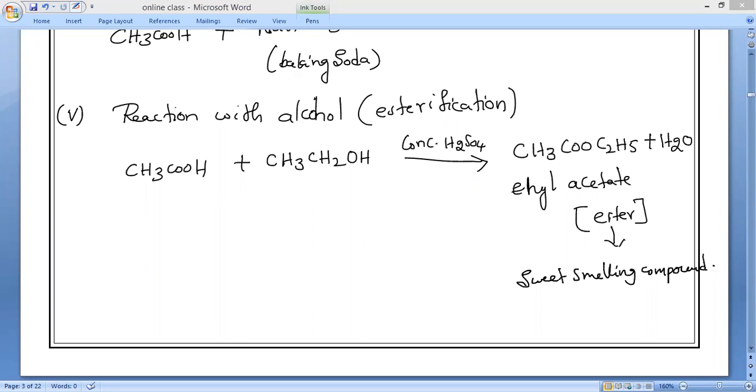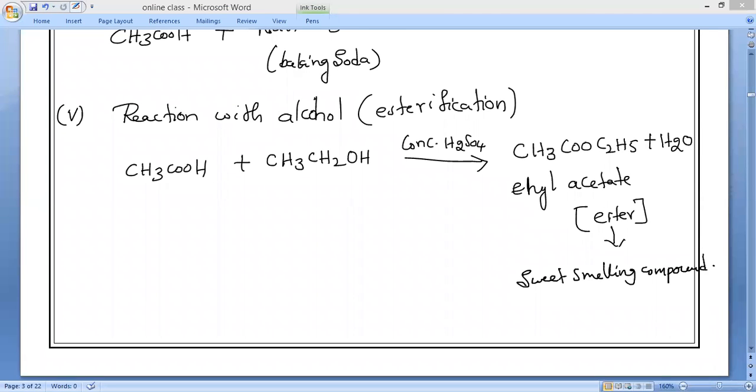Now, if this ester is reacting with sodium hydroxide, it will form something back. Anybody can tell what will form? Ethanol and sodium acetate.